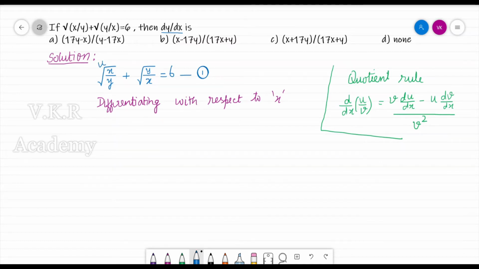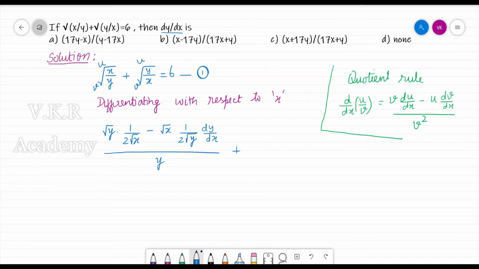here u is root x, v is root y. So root y into root x, differentiating root x, we get 1 by 2 root x, and differentiating x we get 1, minus u, that is root x, differentiating v, that is root y, we get 1 by 2 root y, differentiating y, we get dy by dx, whole divided by y, that is root y the whole square, plus here again applying the quotient rule to find the derivative.